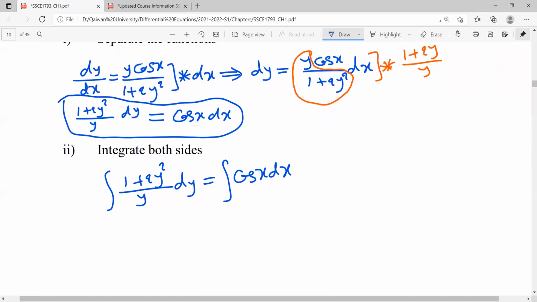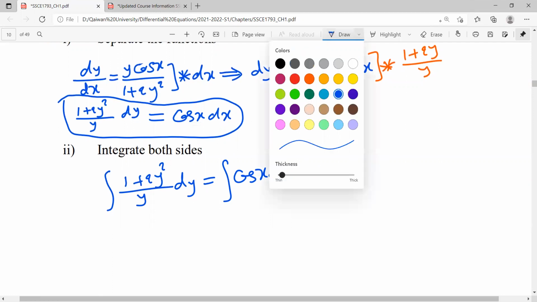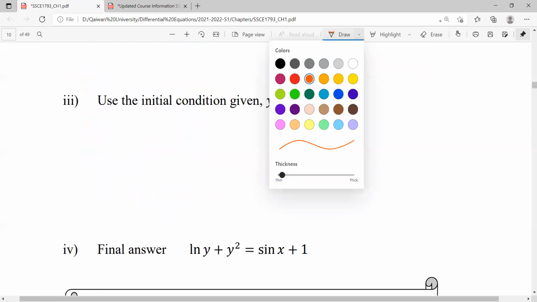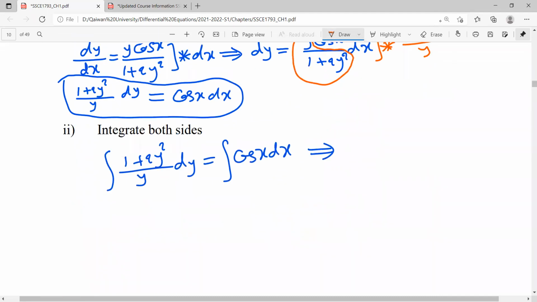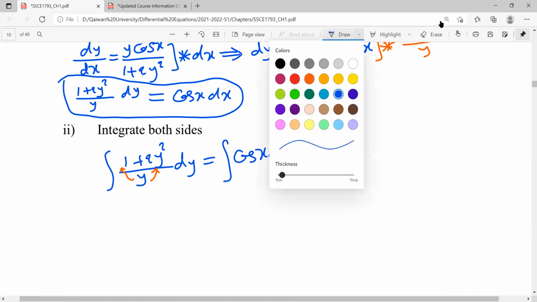For the left hand side, first we should simplify it, then integrate. The denominator is for both terms in the numerator, for 1 and also for 2y squared, so we separate the terms.